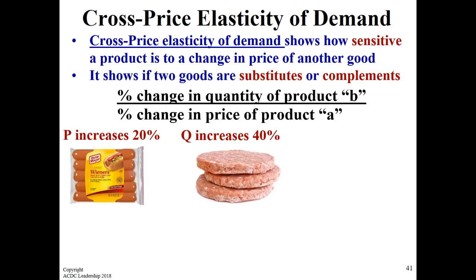And if you go back to Pepsi and Coke, if the price of Pepsi increases, people buy less Pepsi and buy more Coke. So when they go the same way, they're substitutes. Therefore, if it's a negative number, it's going to be a complement.